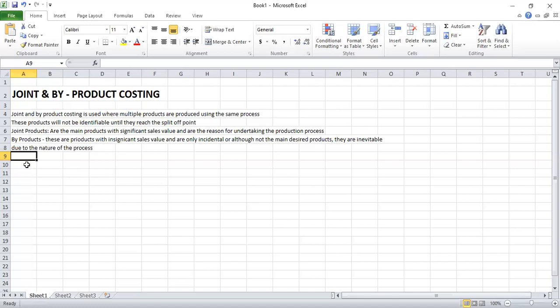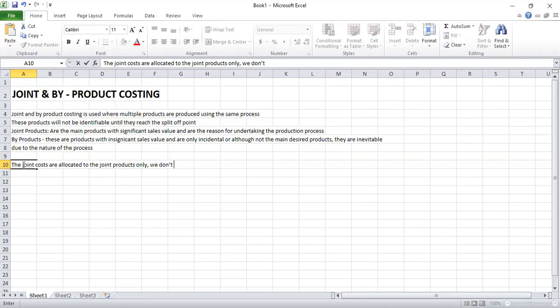So we should know that when we are doing joint and byproduct costing, the joint costs are allocated to the joint products only. We don't allocate costs to byproducts.